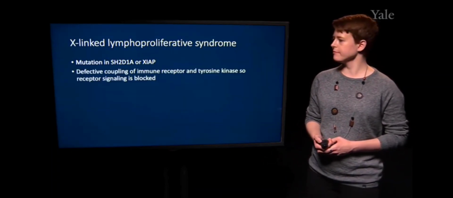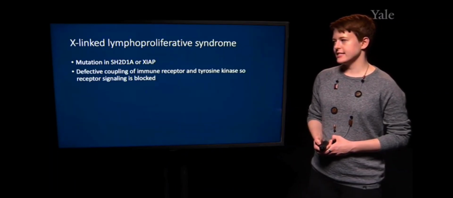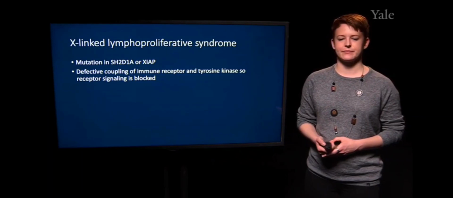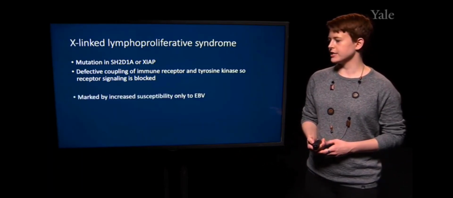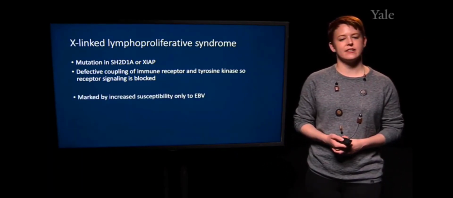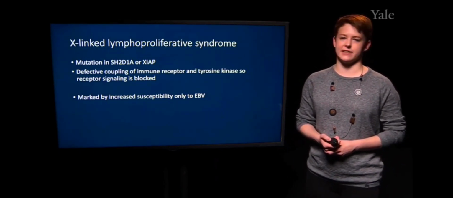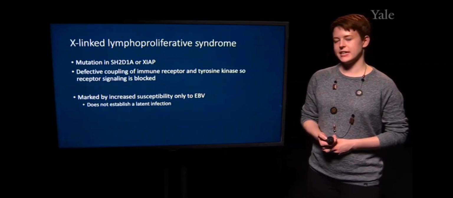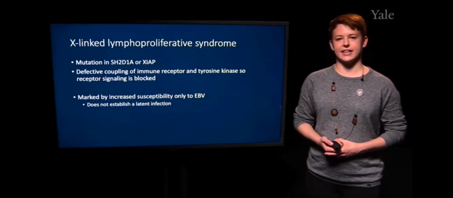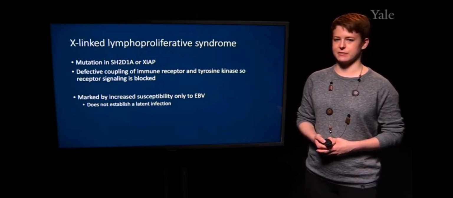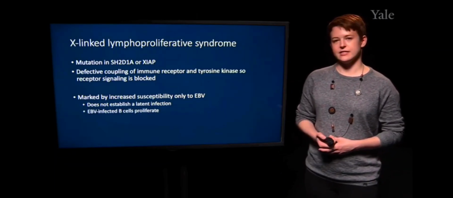And this leads to defective coupling of the immune receptor and tyrosine kinase, which is actually interestingly marked only by an increase in susceptibility to Epstein-Barr virus. And this is because with this genetic defect, EBV cannot establish a latent infection as it normally does. And this leads to B cells infected with the virus constantly proliferating.